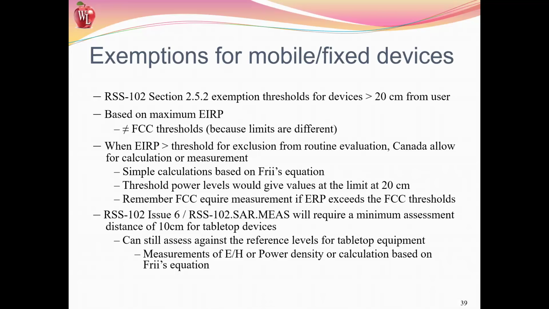But there is a requirement for tabletop devices where you need to do them at 10 centimeters. You still look at the reference level and measure the E and H field or power density, calculate it through the formula, so you can still be exempt, but it'd be a different distance.